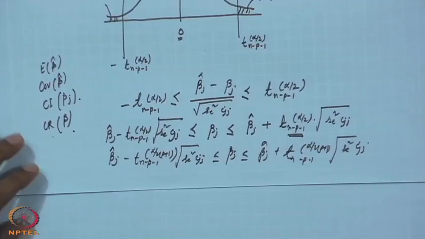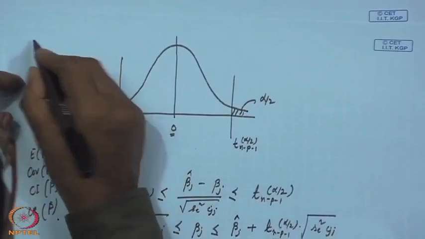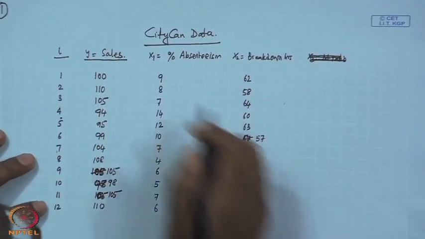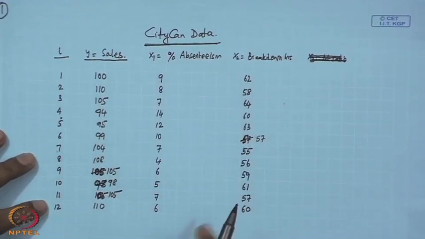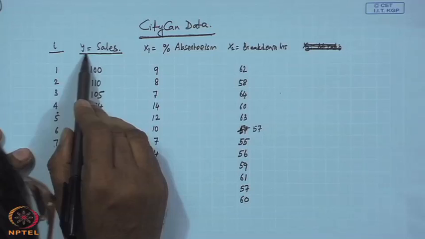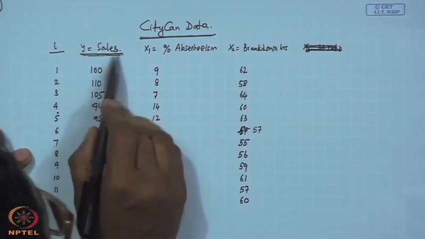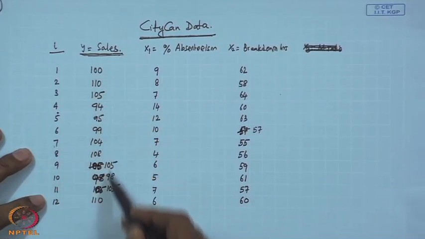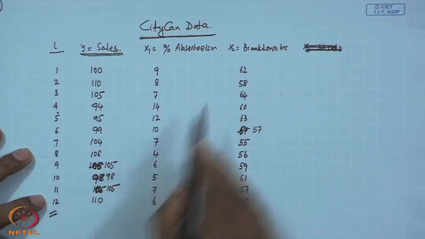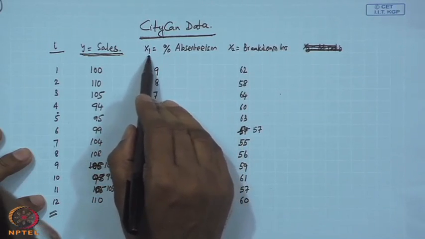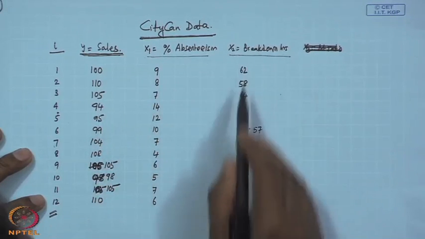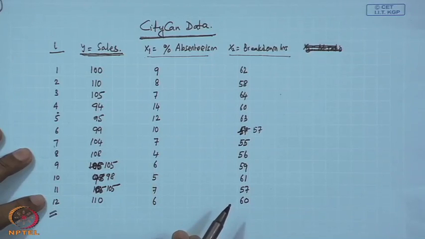Okay. So, now let us solve one problem with whatever we have discussed so far. We will solve the problem we discussed earlier, the CT data. We will consider the cell volume y. This is the 12 months data we have collected, and x1 absenteeism, x2 breakdown hours, these two independent variables we are considering.